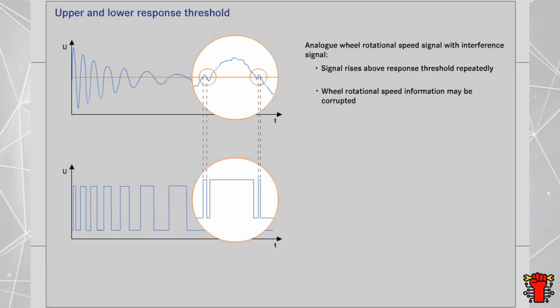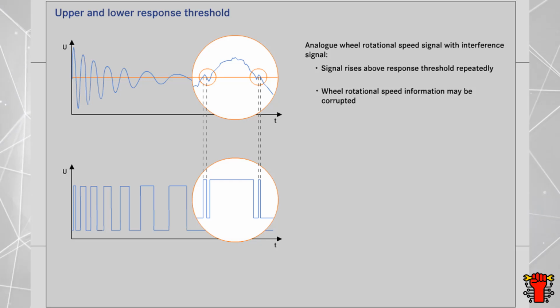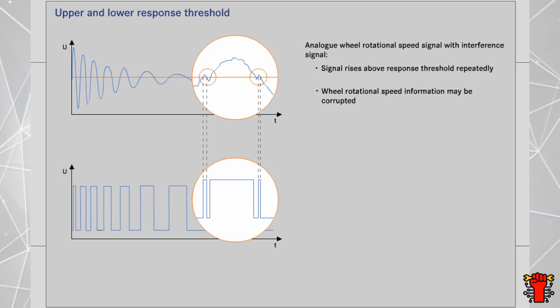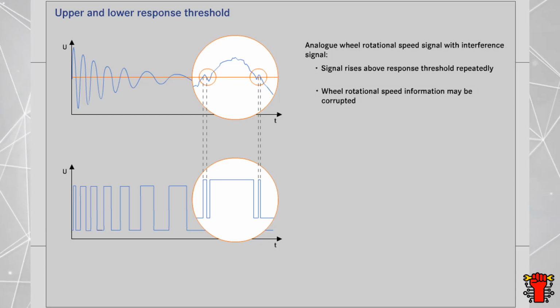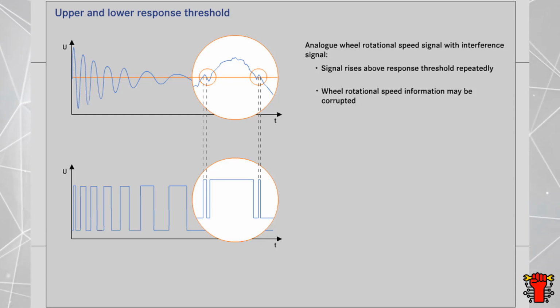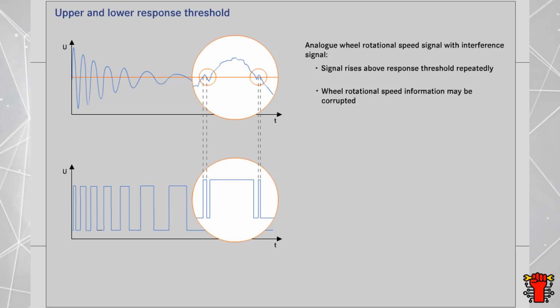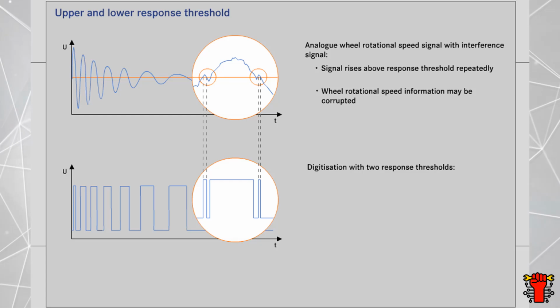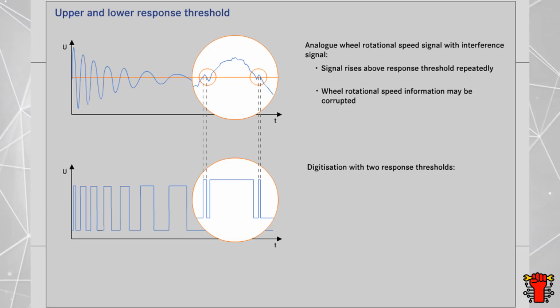At the points where the interference voltage causes the analog signal to briefly exceed the response threshold, additional digital pulses are generated. These will corrupt the information sent. To prevent this from happening, two response thresholds are used.